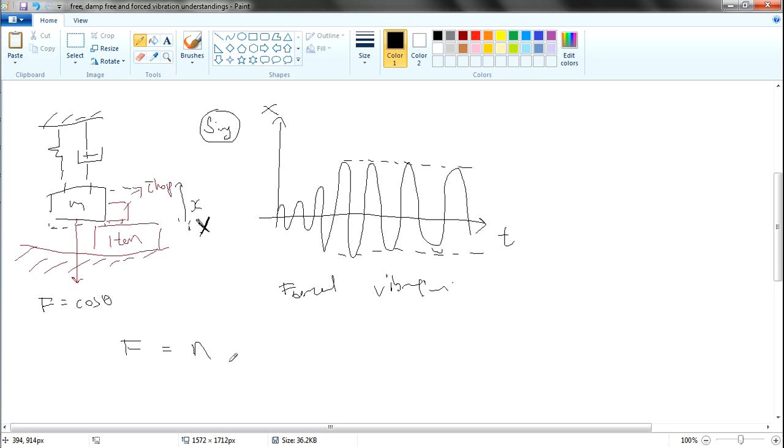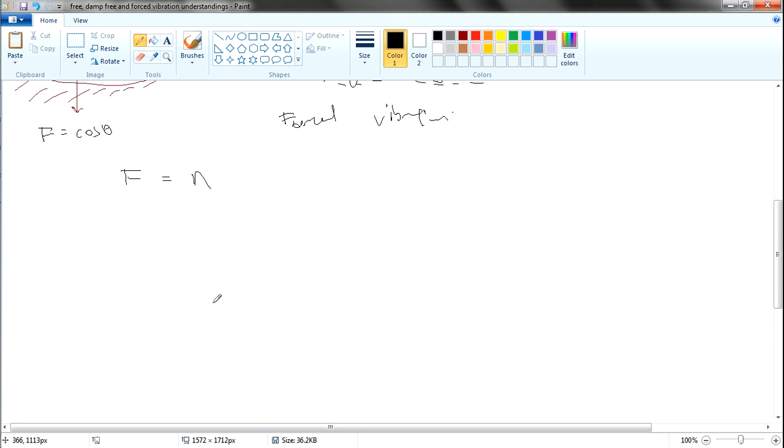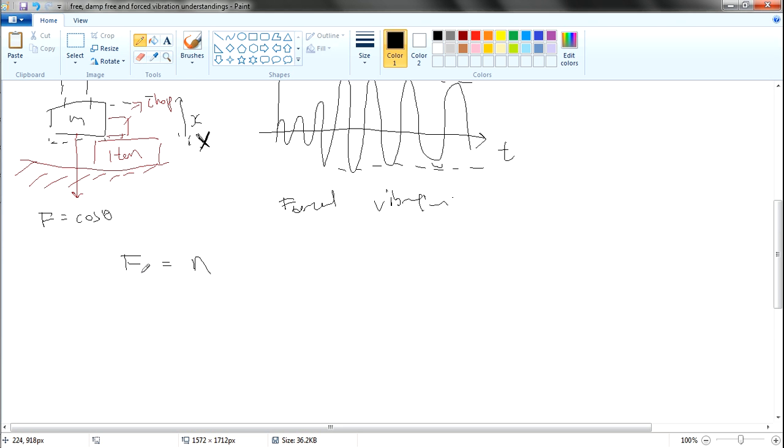We don't want this to happen, because the frequency of the force itself is like that, and the forcing function is also the same. Resonance happens when you have the same amplitude.